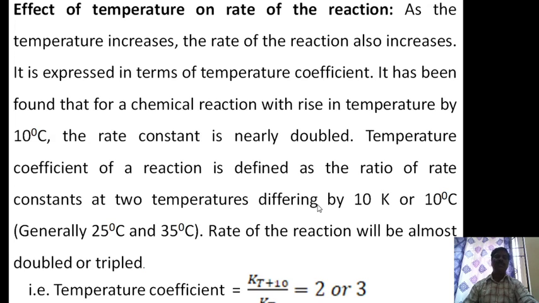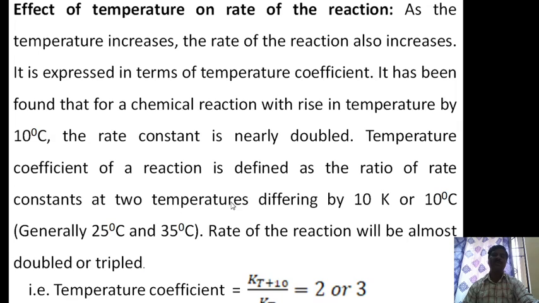Therefore, this is important for 2 marks. The question will be asked: define temperature coefficient. It means the ratio of rate constants at two different temperatures differing by 10 Kelvin. The rate of the reaction is almost doubled or tripled, and this is called the temperature coefficient.